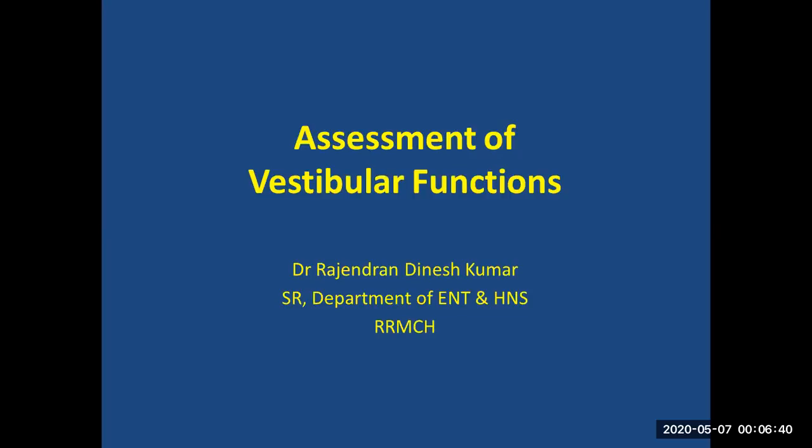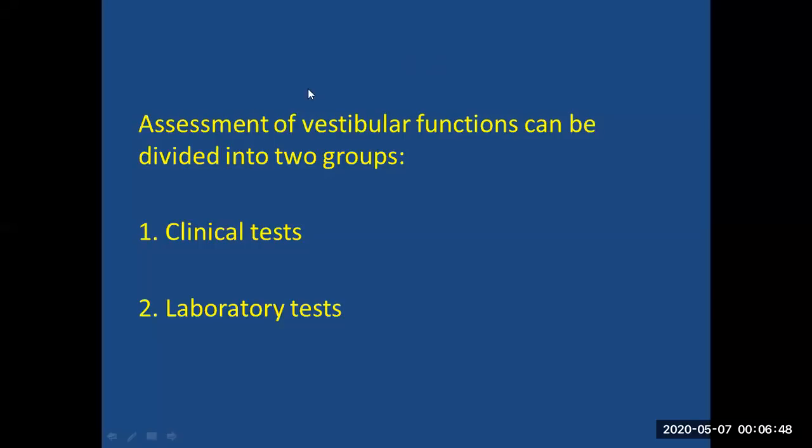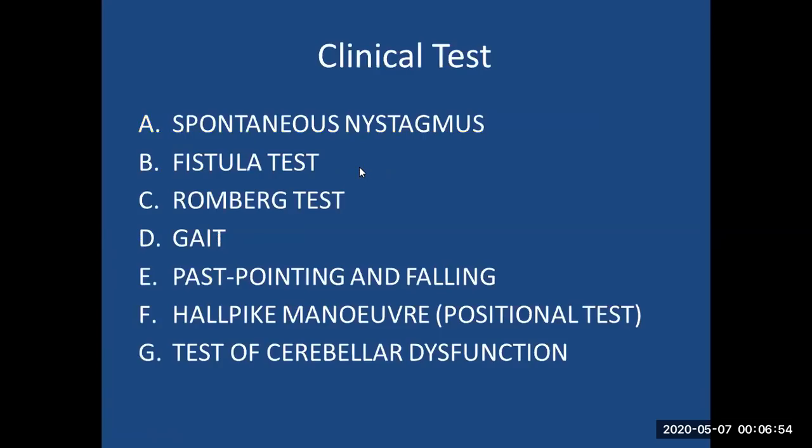So coming to the assessment of the vestibular functions, it can be divided into two groups, that is clinical tests and laboratory tests. Clinical tests include spontaneous nystagmus, fistula test, Romberg's test, gait, past pointing and falling, Hallpike maneuvers or positional test, and the test for cerebellar dysfunction.